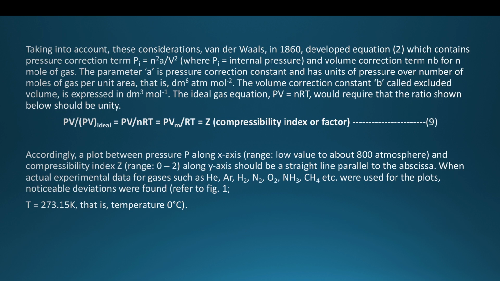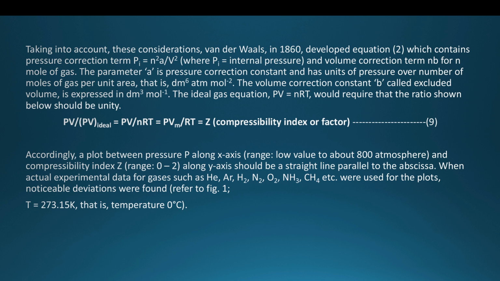Taking into account these considerations, van der Waals, the famous physicist, in 1860 developed equation number 2, which contains pressure correction term Pi equal to n²a over V², where Pi indicates internal pressure, and volume correction term nb for n mole of gas in liter per mole unit.